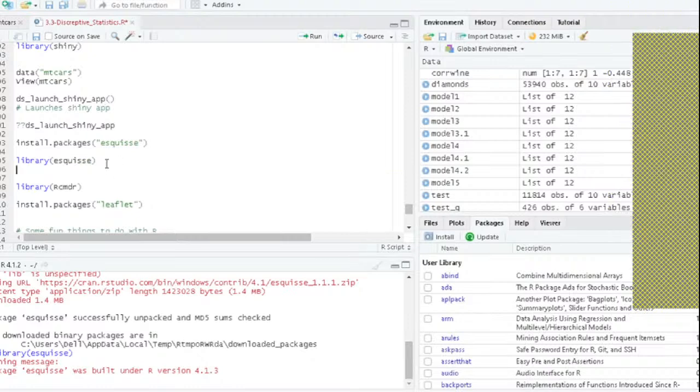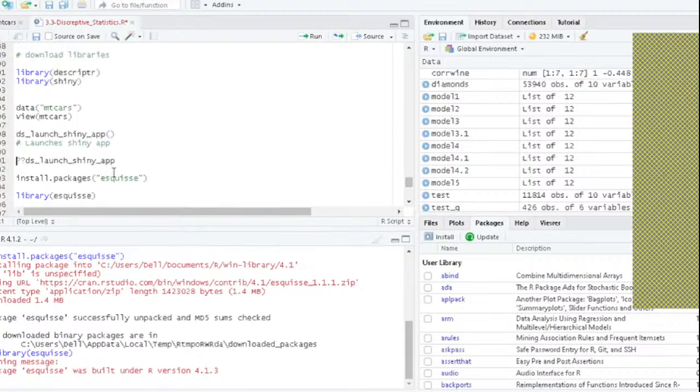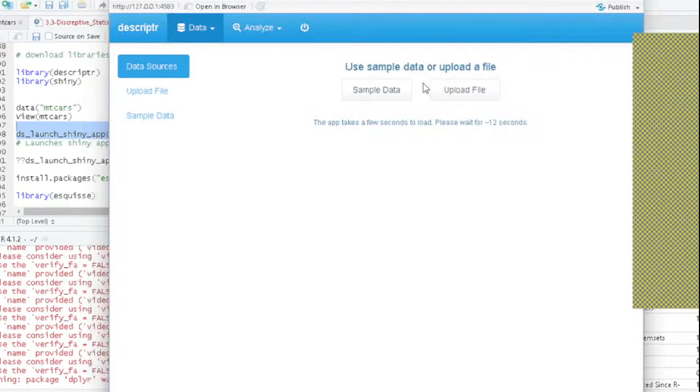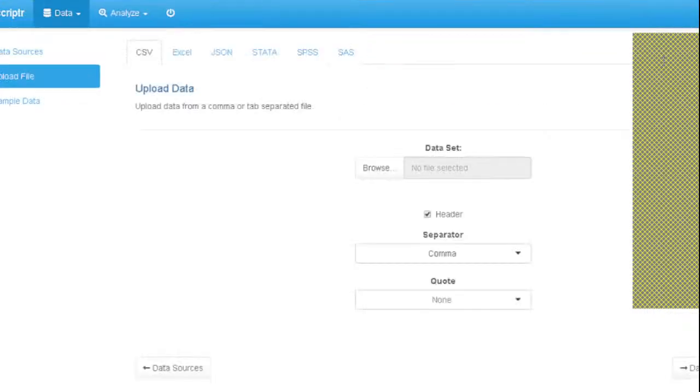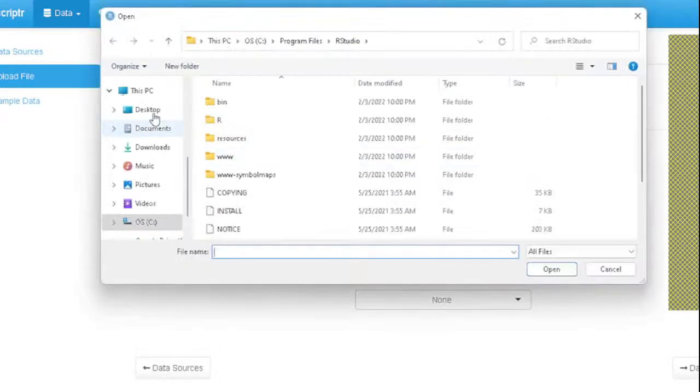Installing, okay. But strange. All these packages, I've worked with a lot. Let's check Shiny again. Upload a file. Let's see if I can upload a file. Okay, let me upload.